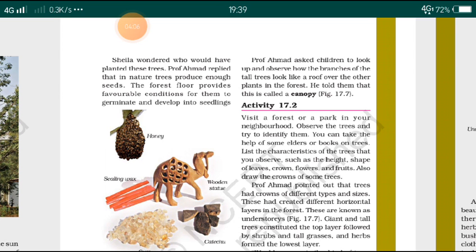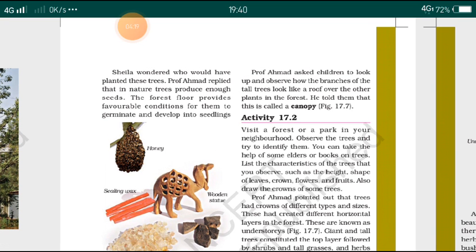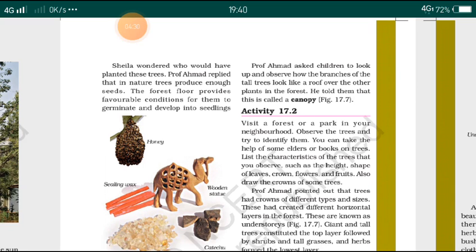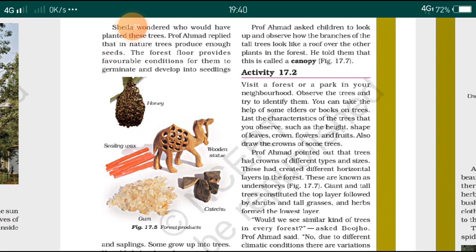Professor Ahmed asked the children to look up and observe how the branches of the tall trees look like a roof over the other plants in the forest. He told them this is called the canopy.